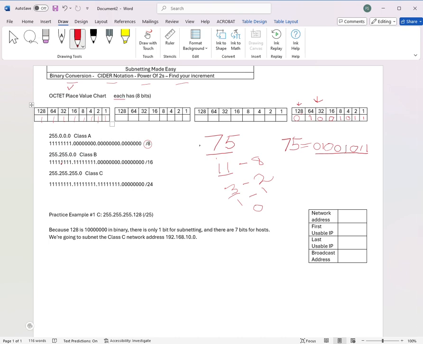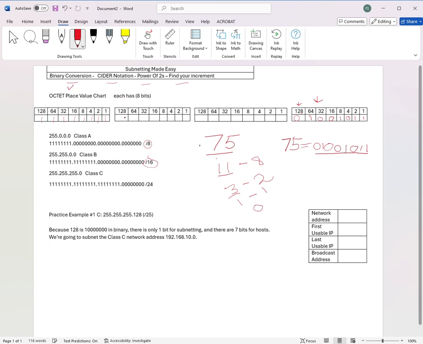A class B would have 8 in the first octet, 8 in the second octet, and 8 plus 8 equals 16. So we would give it a /16. A /16, right?